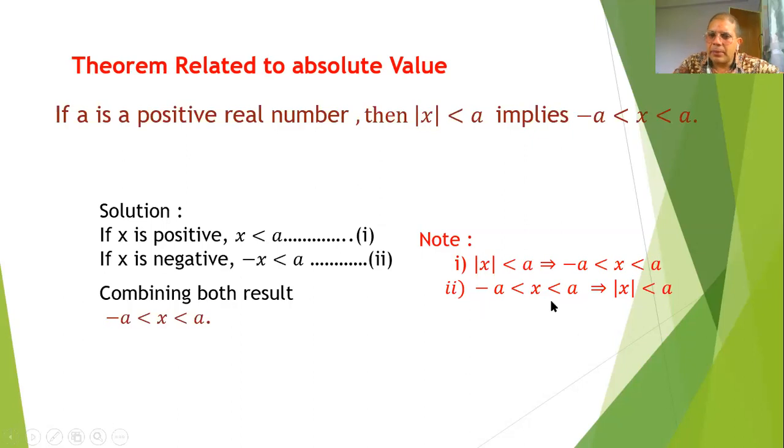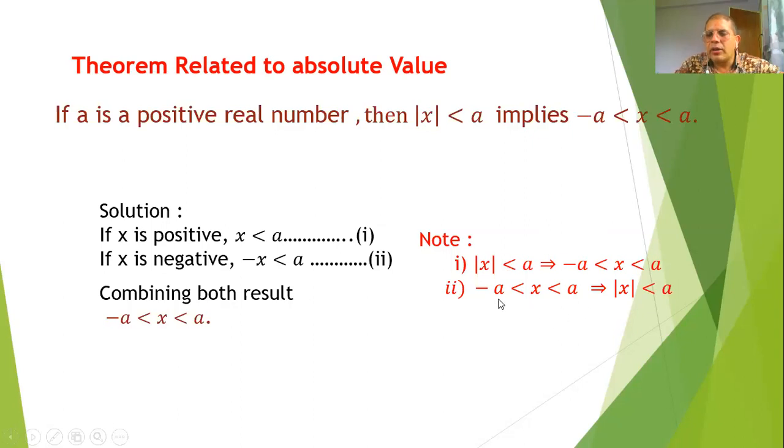So if you have this condition, one form is with the absolute value sign, and the other is without the absolute value sign. You can change a number with absolute value to without absolute value this way, and you can change without absolute to absolute this way.